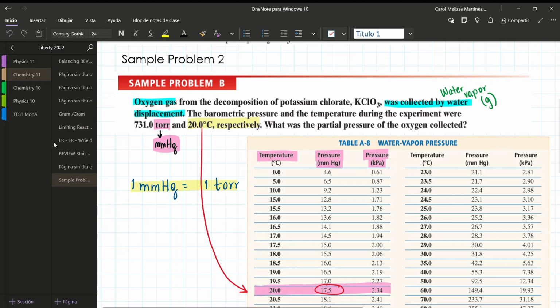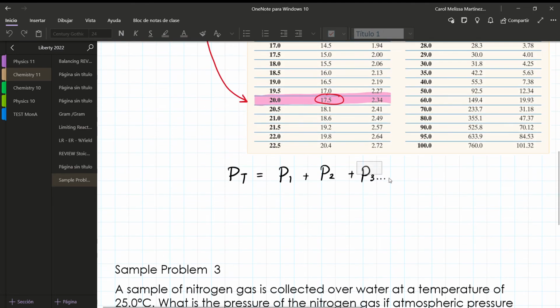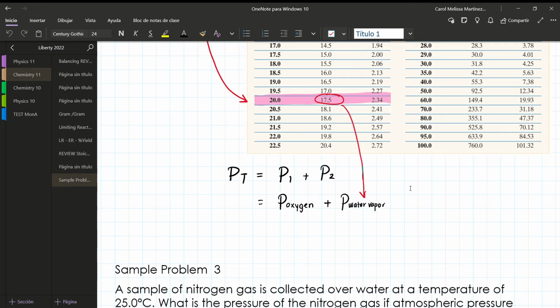Okay? And I have the total, the barometric pressure of the mixture. So, for this exercise, I just have 2 gases: the first one, that is the pressure of oxygen gas, and the other, that is the pressure of water vapor. The one of the water vapor is the one that we get from the table, which is this one, okay? And the pressure of the oxygen gas is what we need to find.